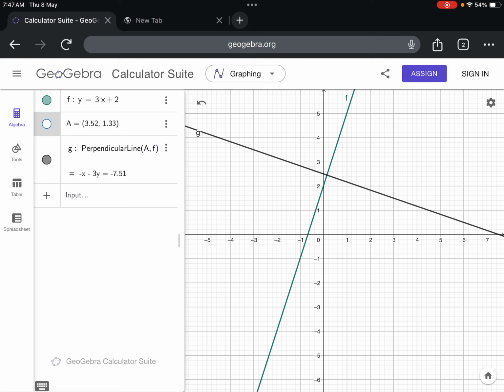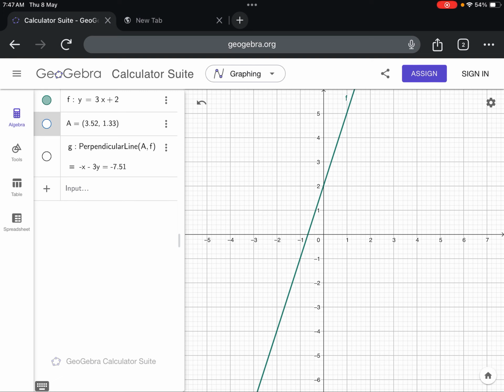Doesn't really give me like the nicest equation, but I tell you what, I'll show you something else, because I was hoping that GeoGebra can create the equation of the perpendicular line in the gradient intercept form, but it does not really show it, but that's fine.